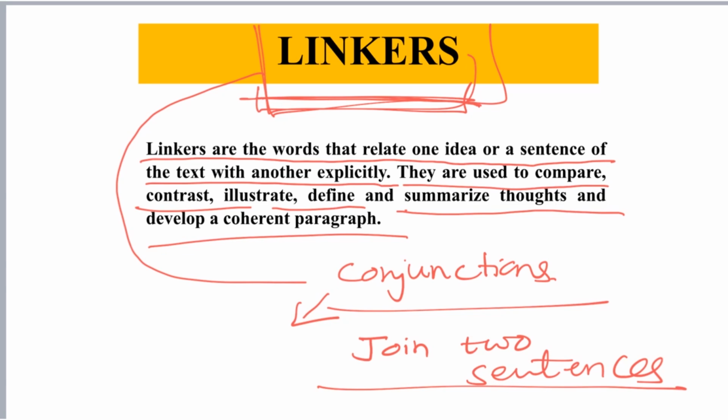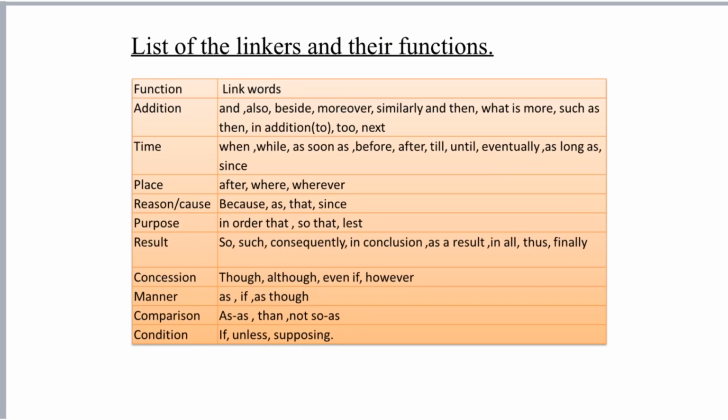Fine. Now let's see the kinds of linkers that we have studied. Here you can see a variety of very beautiful linkers. The first column says the purpose, what it is used for, and in the second column we have the list of conjunctions, linkers.